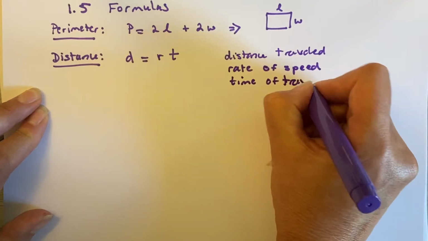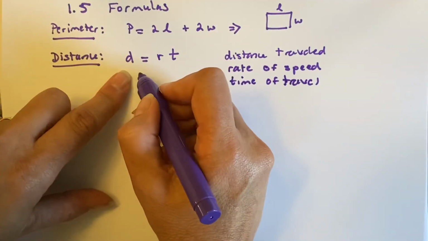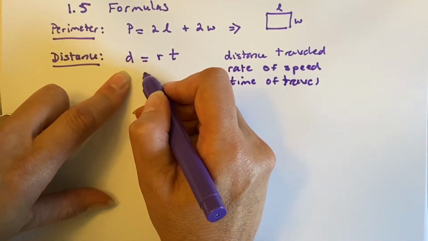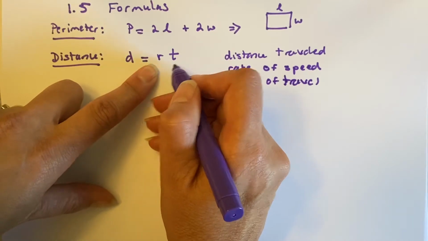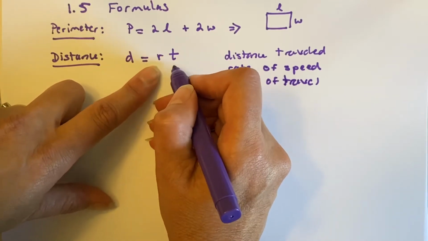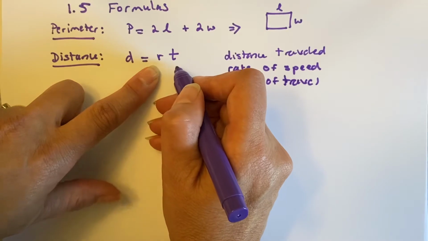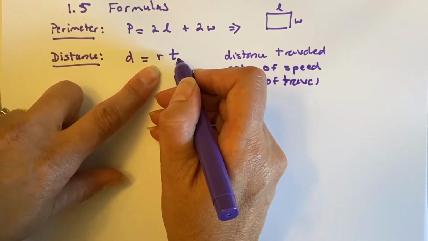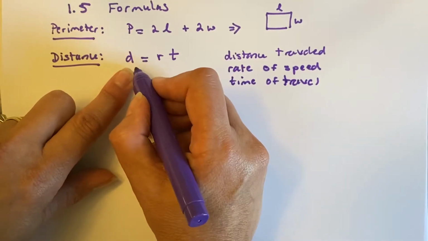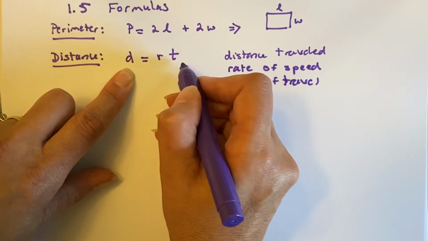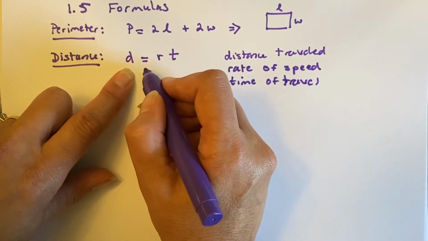And that makes sense. This basically means how far you go is determined by how fast you're going and how much time. If you go really, really fast in 5 seconds, you're going to go further than if you're going really, really slow in 5 seconds. So your distance is going to be greater.